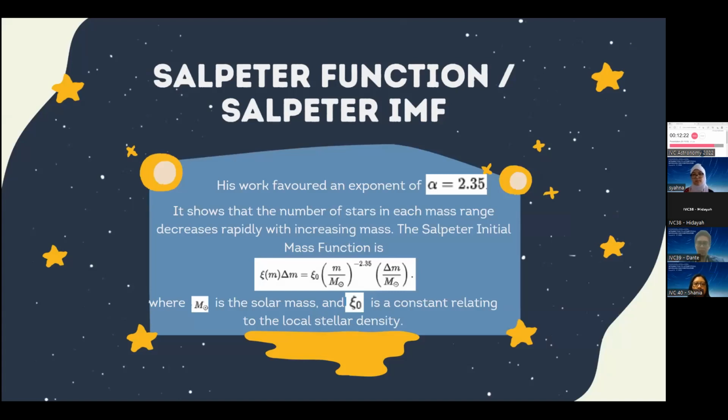It shows that the number of stars in each mass range decreases rapidly with increasing mass. The Salpeter initial mass function is, as you can see in the equation on the screen, where M with the sun symbol below is the solar mass and epsilon 0 is a constant relating to the local stellar density. Next.